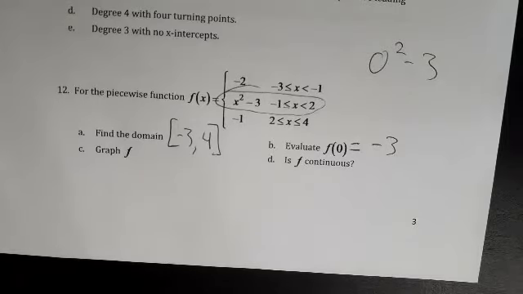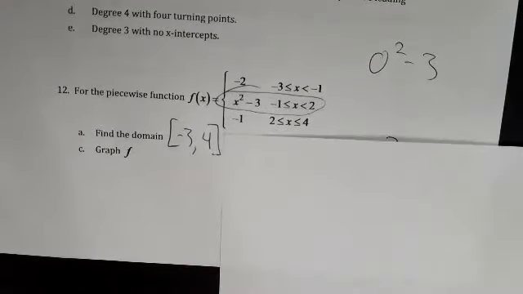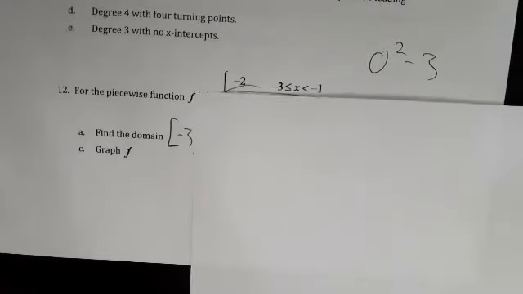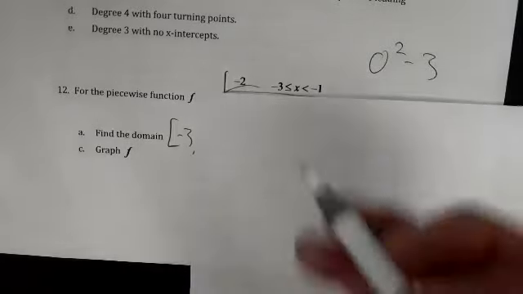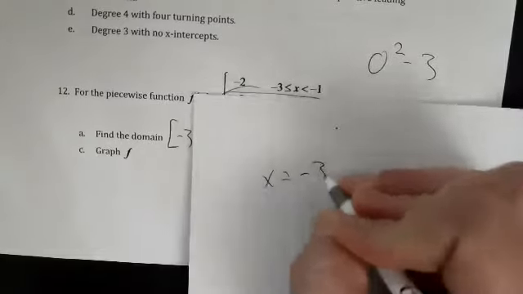If I want to graph this piecewise function, how do I graph it? We have to graph 3 parts and then see if they are continuous. So what's the first point that I'm going to graph? I'm looking where x is -3.